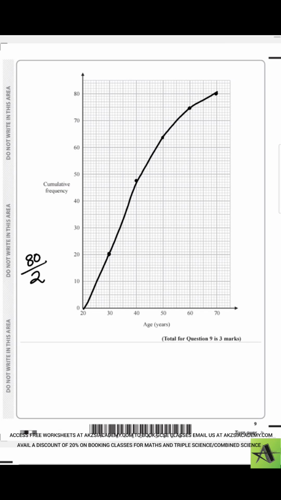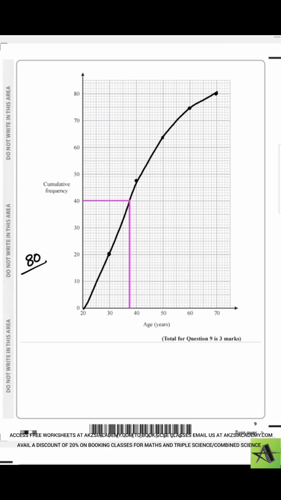So at 40, I have to draw a straight line till it touches the curve, and from here I have to draw a vertical line like this till it touches your x-axis.